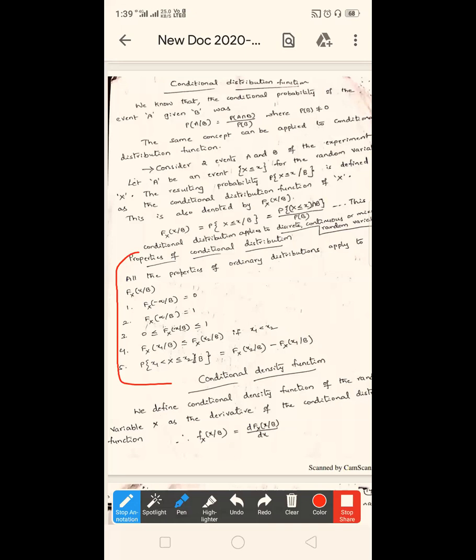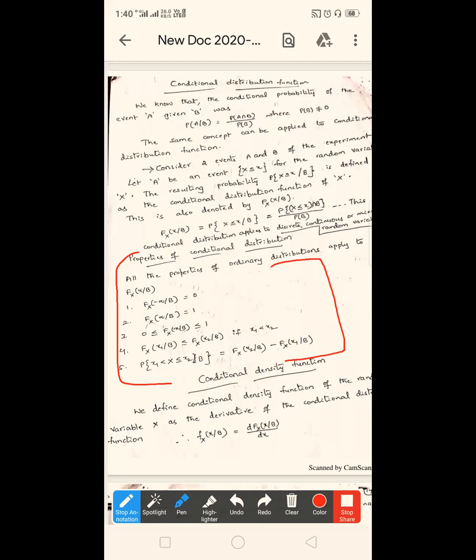What are the properties of the cumulative distribution function? We have 4 properties for the cumulative distribution function. Whatever properties we studied in the case of the cumulative distribution function, the same properties can be applied to the conditional distribution function also.